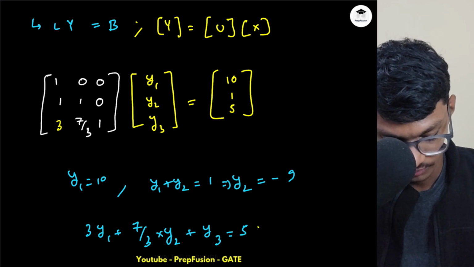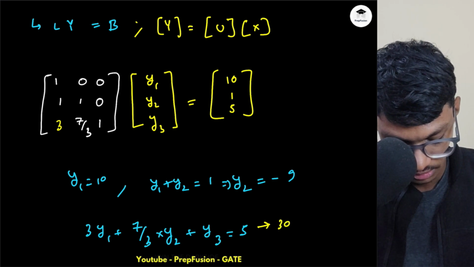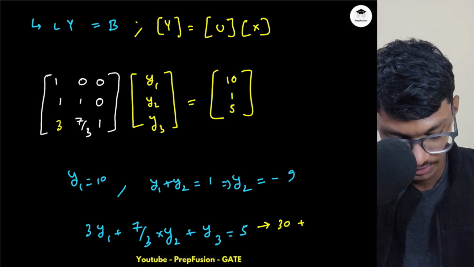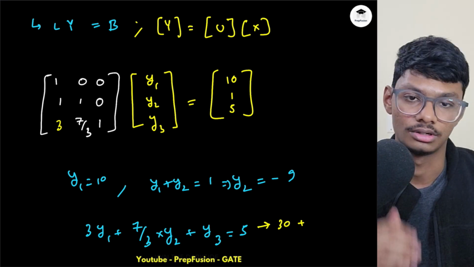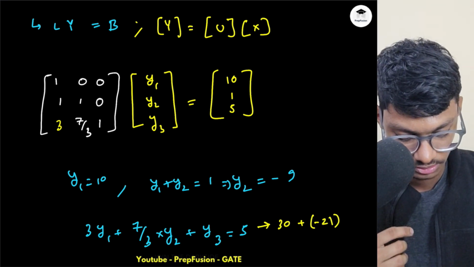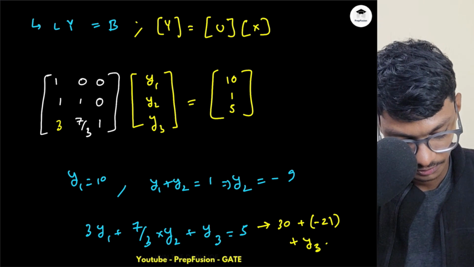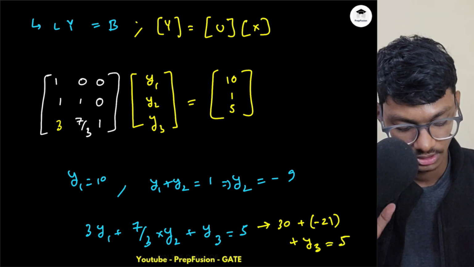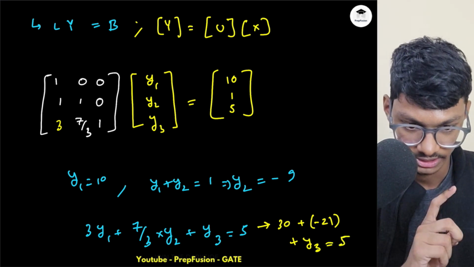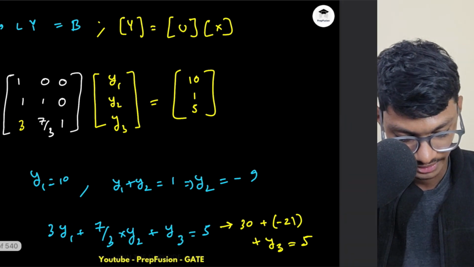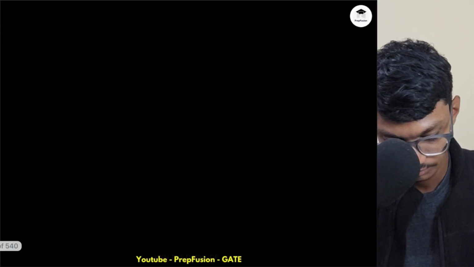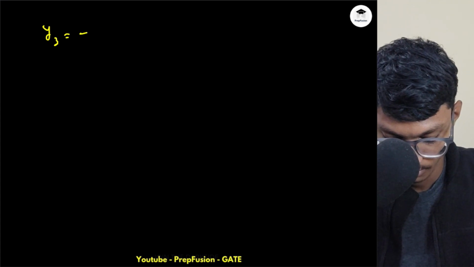So basically 3y1 is 30 plus 7 by 3 into minus 9, which is minus 3, which is minus 21, plus y3 equals to 5. So 9 goes on that side, so this becomes minus 4. So y3 is equals to minus 4.